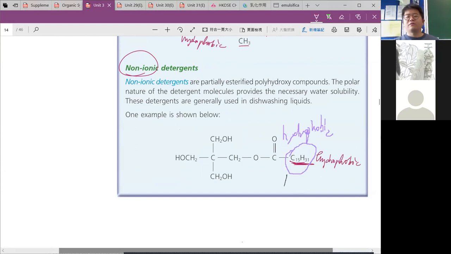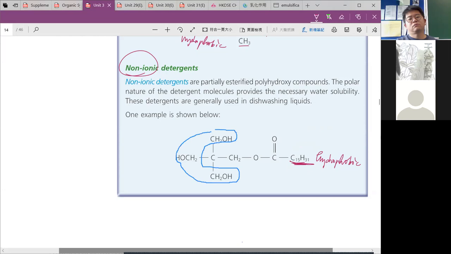Which part is hydrophilic? Yeah, mainly, right? And especially, yes, that's right. Both I will give you correct. Mainly on this, right? Which means the whole part here is hydrophilic.